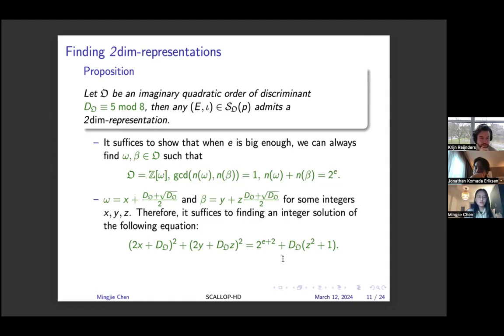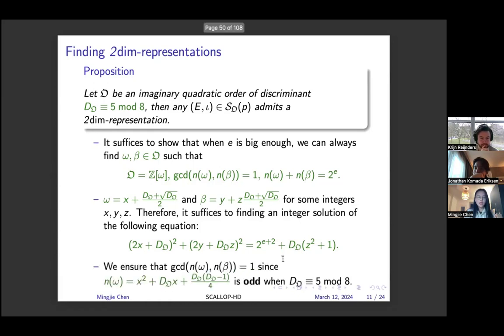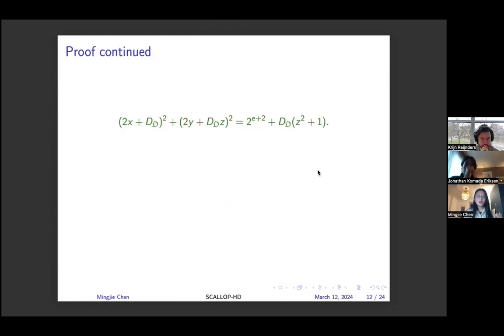If we are able to solve this equation, if we can find integer solutions x, y, z, then we automatically ensure that the GCD of the norm of omega and the norm of beta is 1 because the norm of omega is odd when the discriminant satisfies this congruence condition. So all that is left to do is to actually solve this equation.